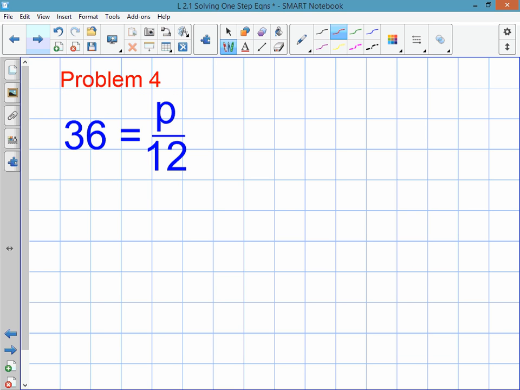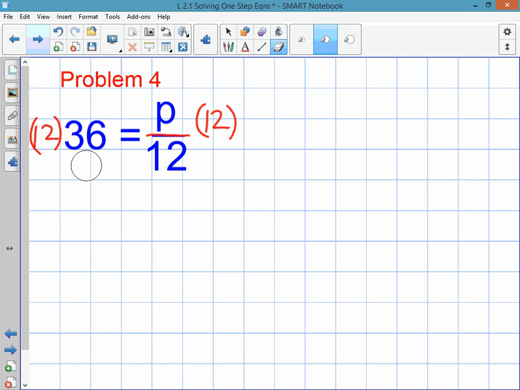In problem 4, the letter P is being divided by 12. The opposite of division is multiplication. So you multiply both sides by 12. Oftentimes students will see this problem and think, oh, 12, let's see, 36 divided by 12 is... Just make sure that you're always trying to get rid of the numbers or get the variable by itself by doing the opposite operation.